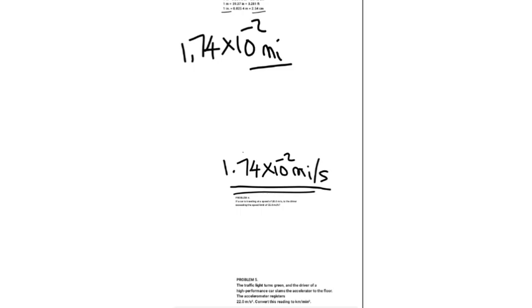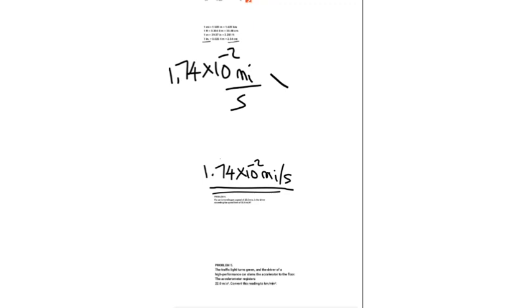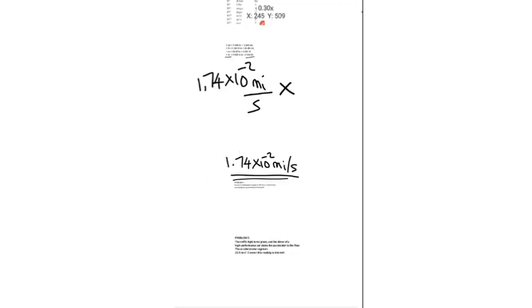Okay, sorry, per second. Now to understand this, we know that 1 hour, by direct, has 3600 seconds.